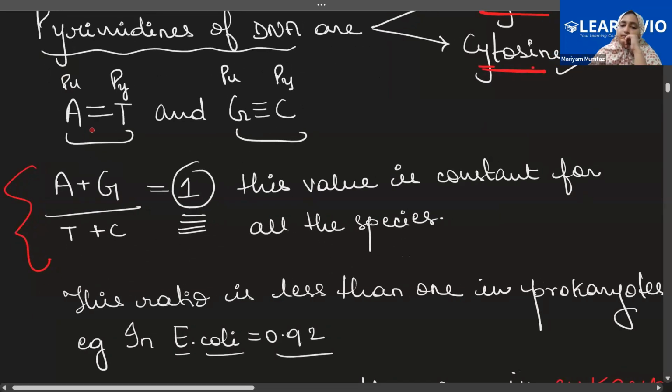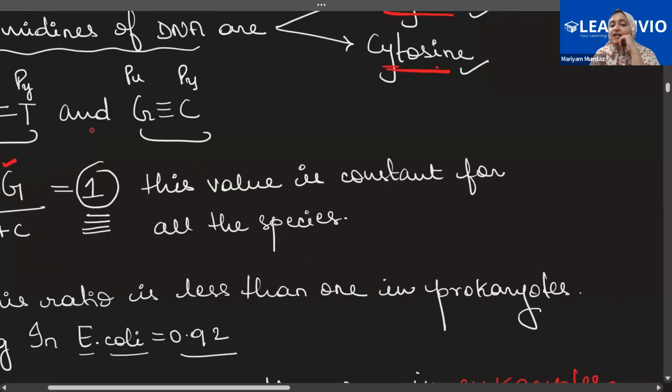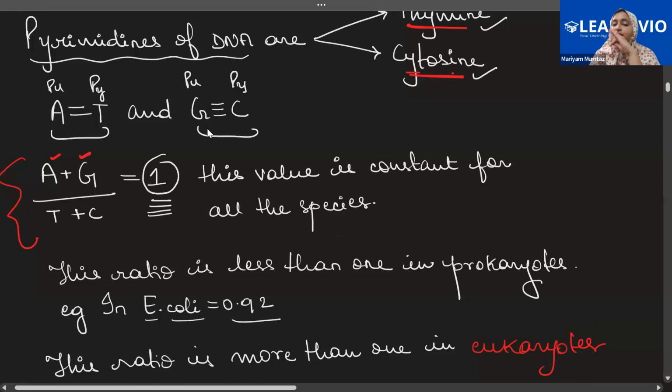Now, A plus G, meaning adenine plus guanine, both of them are purines, and T plus C, both of them are pyrimidines. So their ratio equals 1, and this value is constant for all the species that have DNA as their genetic material.